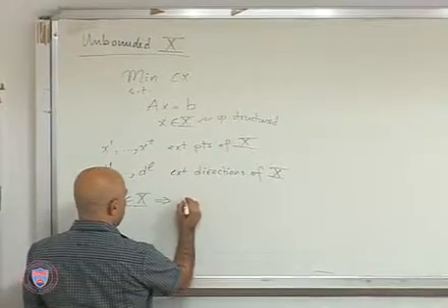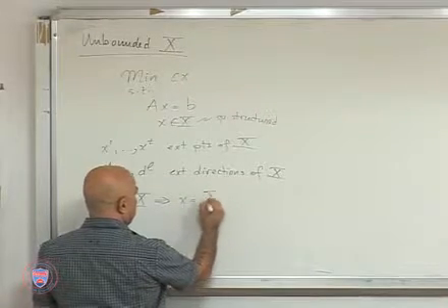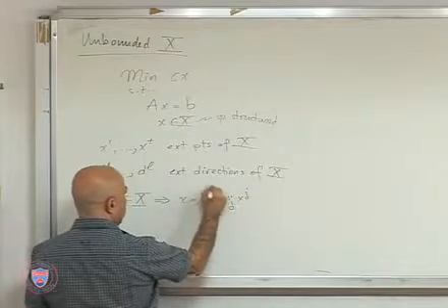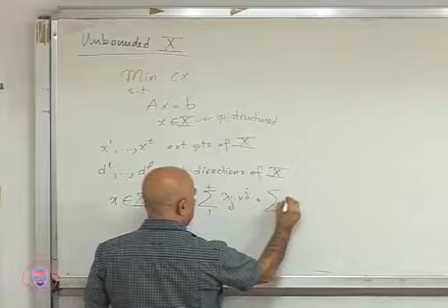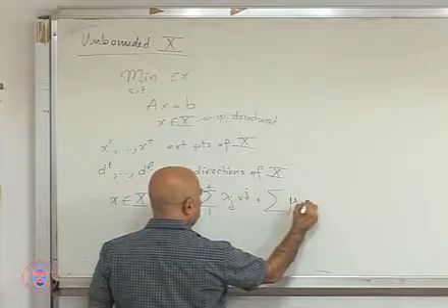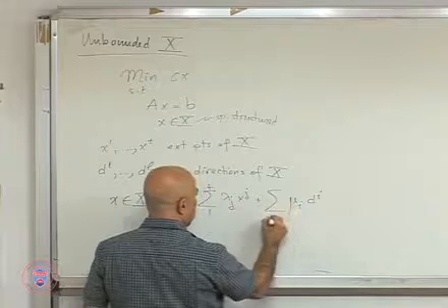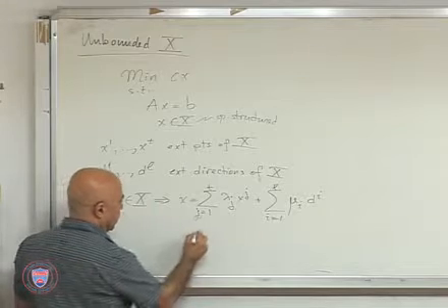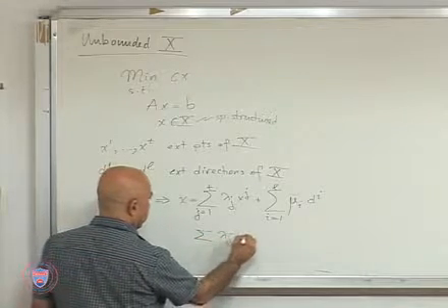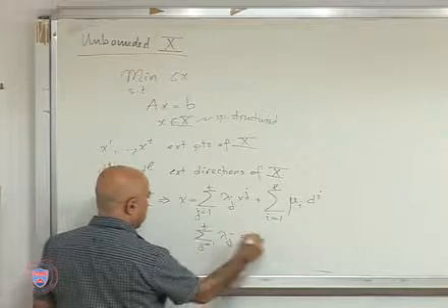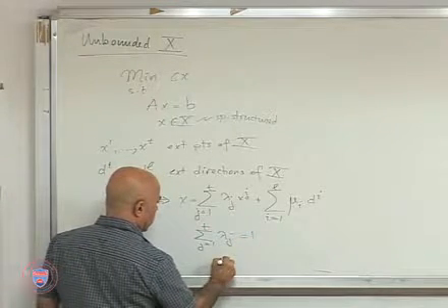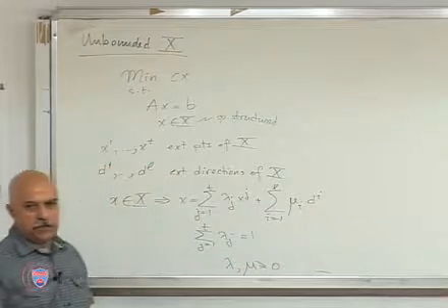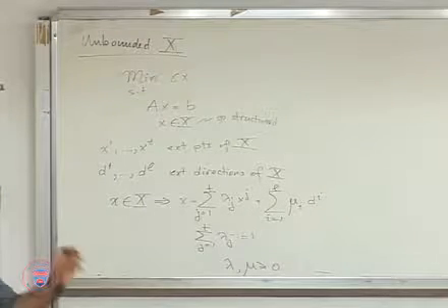So we are going to have x equals the sum of lambda j xj, j going from 1 to t, plus the sum of mu i di, i going from 1 to l, with the additional requirement lambda j's adding up to 1, and lambdas and mu's are all non-negative. There's no additional requirement on mu other than non-negativity.